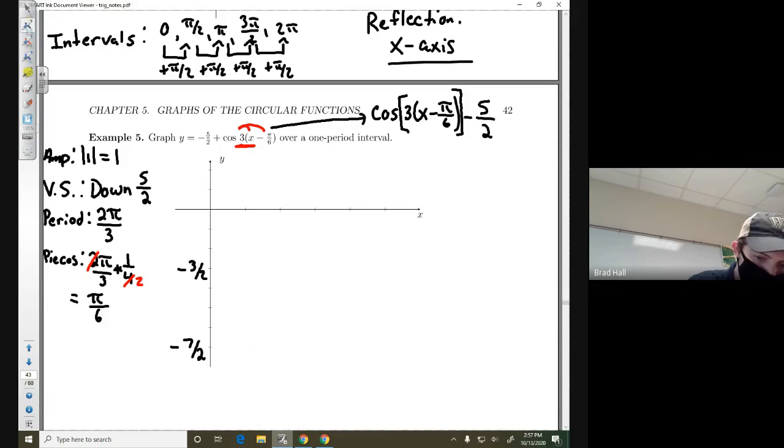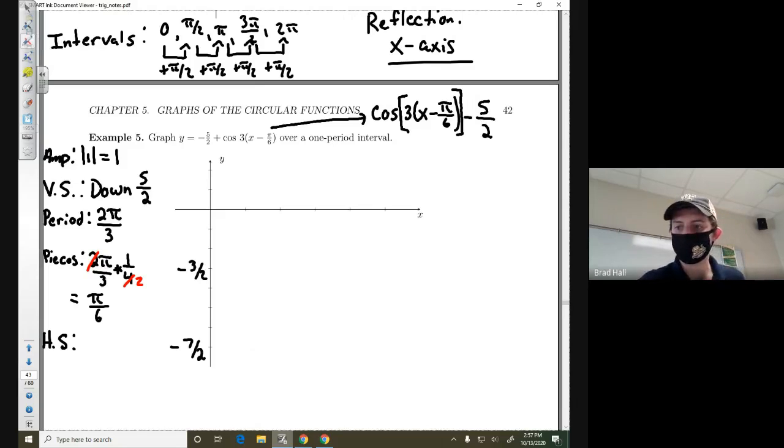Okay, and let's look at the horizontal shift. Well, this is the good thing about how the problem is formatted to us. They already factored out the 3 for us. So because of that, we can immediately see the horizontal shift.